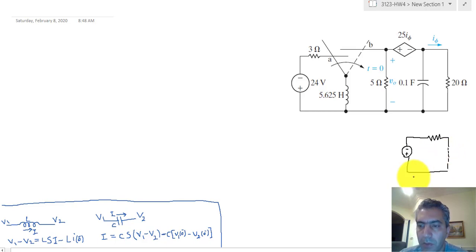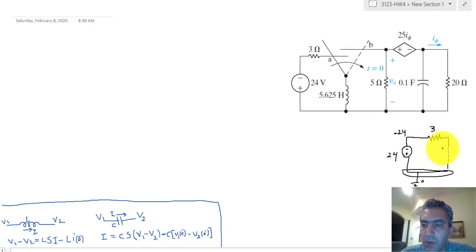If I call this terminal down here my ground, this is 24 volts. Now this up here, therefore, is going to be minus 24 volts. So notice again, it's the voltage of this terminal minus the voltage of that terminal that equals this number right here, and this is 3 ohm.